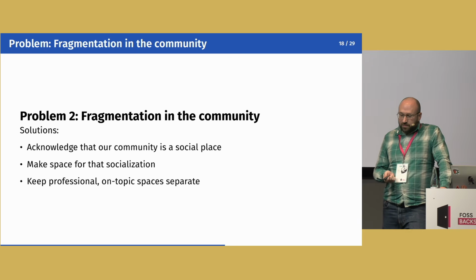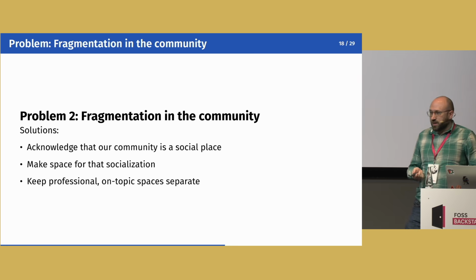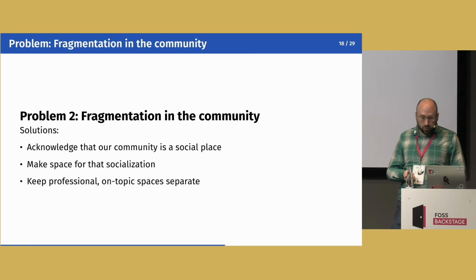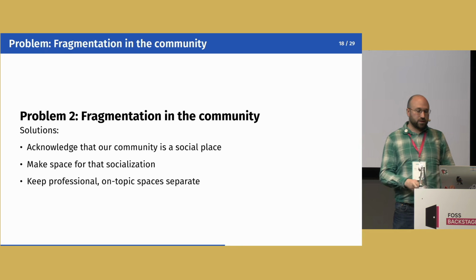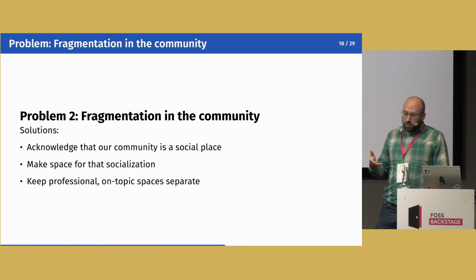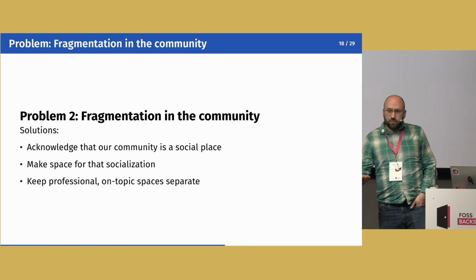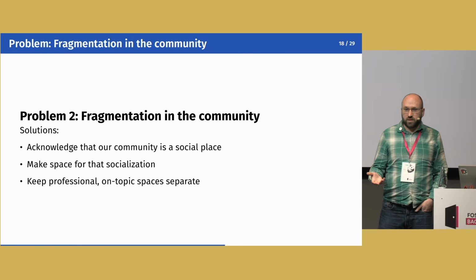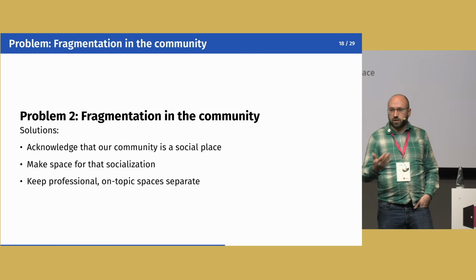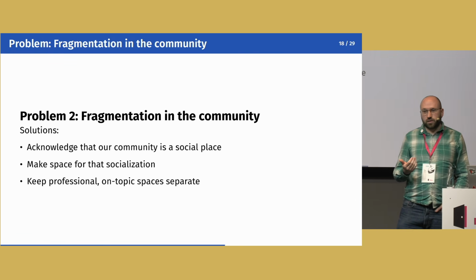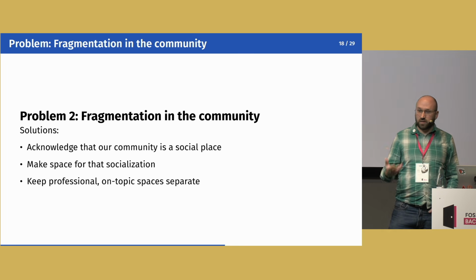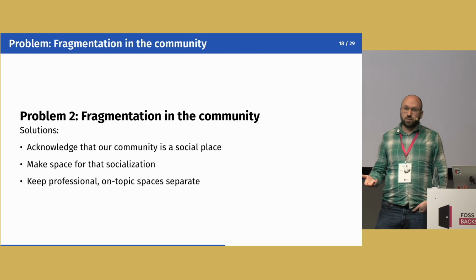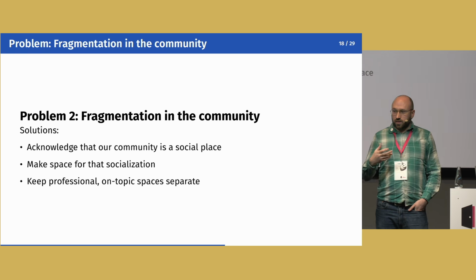Second problem was the fragmented community. I mentioned how, because we had a strict on-topic rule and a strict expectation of professionalism, socializing was discouraged. What this led to was, if you make friendships in the community and you get 3 people who work on Hare together in a room, they're going to talk about Hare. And when they took their socializing out of the community spaces, like they were encouraged to, and into their own spaces, they would talk about Hare.